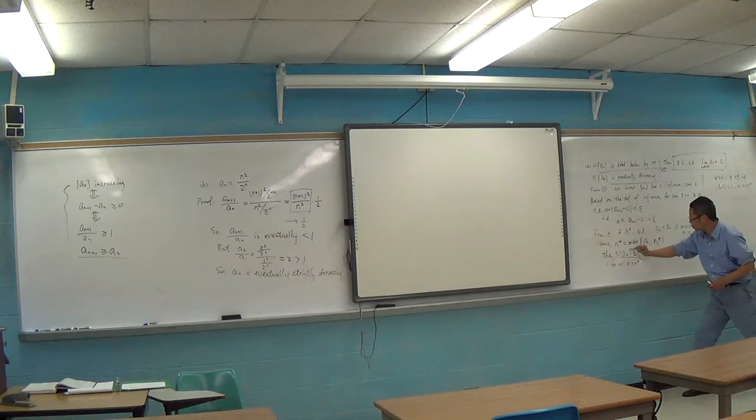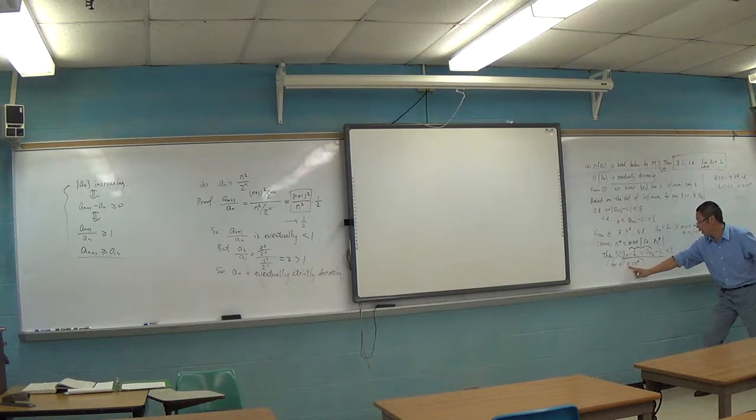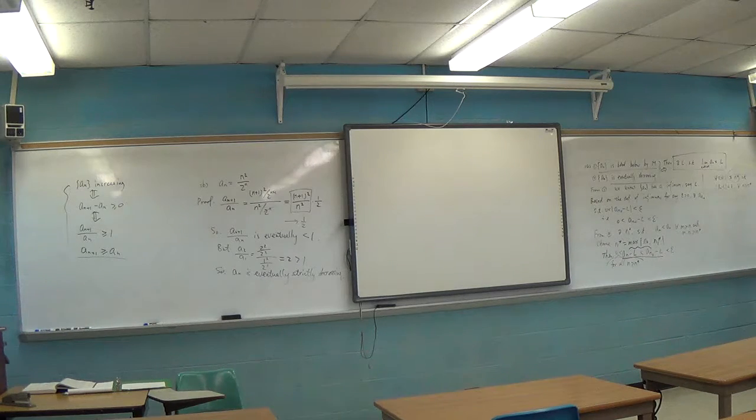This inequality is true. Why is this inequality true? From here to here. Because it's eventually decreasing, this is true. Now, for n greater than n star, should I do this and this greater than n star? Let me see.